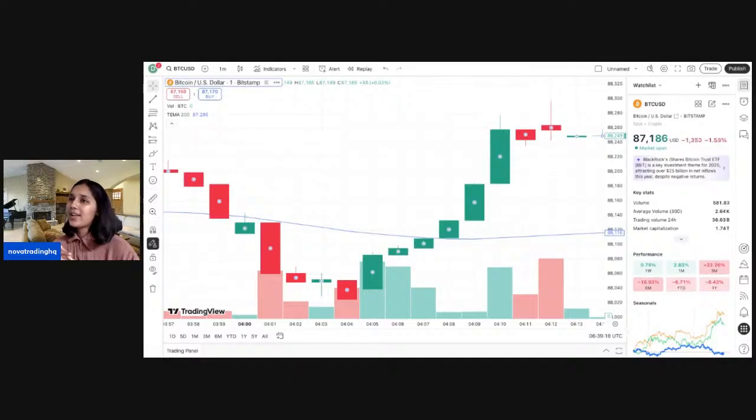So why did this likely happen? First of all, the shorts are taking partial profits. And the buyers are stepping in at a kind of intra-minute perceived spot.